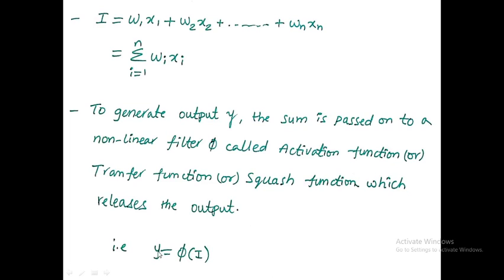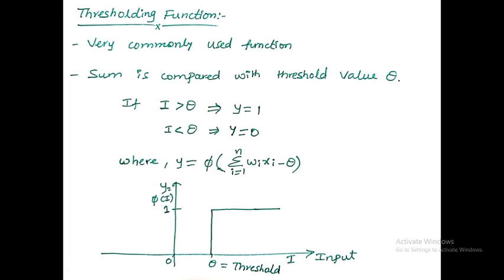So your overall output is equal to phi of weighted sum I. So now this I will decide what is the output, and the function will decide what is the output. How, we'll see. Let us take them one by one.